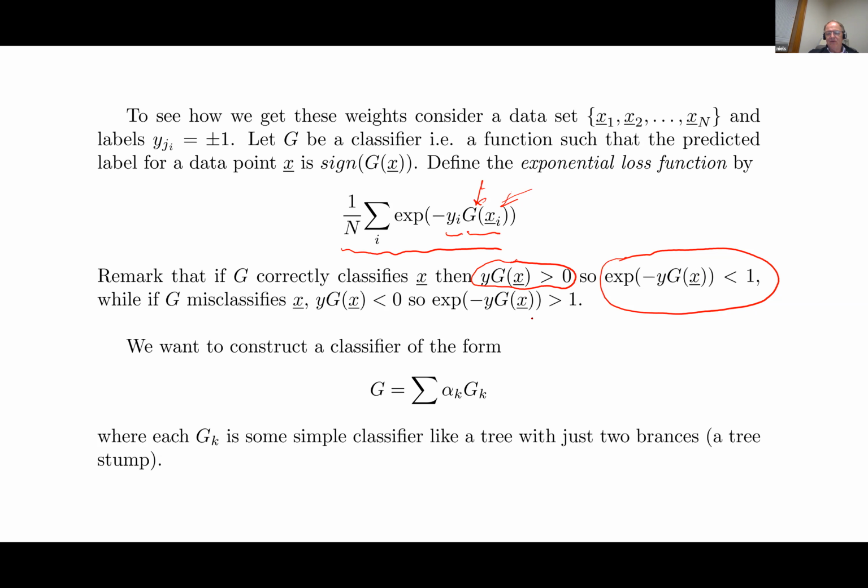If it classifies it wrong, so they have opposite sign, then y_i times g(x_i) will be negative, and there's a minus in front of it. That'll make it positive, so that'll give us exp of something positive, which will be bigger than 1. So you can see that for the terms in this sum, those that are correctly classified contribute something less than 1, while those that are misclassified contribute something bigger than 1.